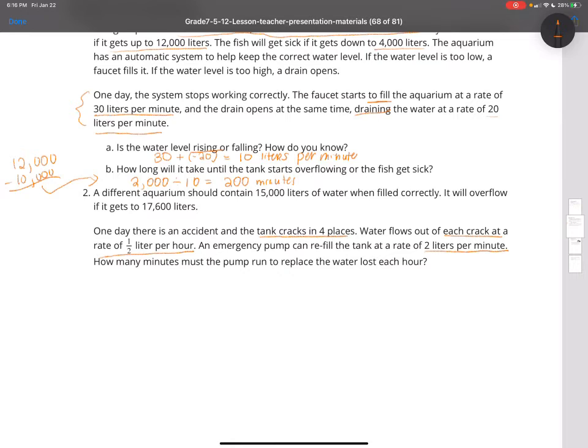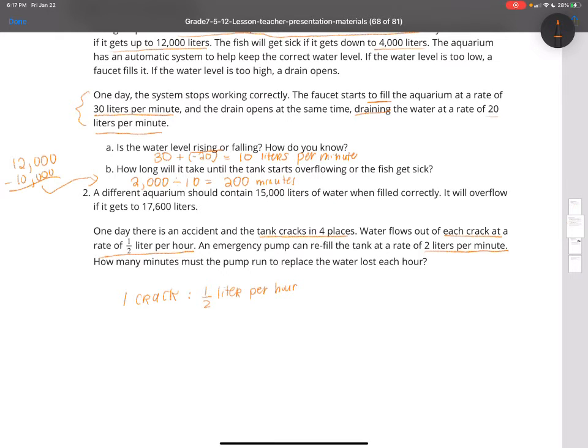So needless to say, the tank has 4 cracks, and this is similar to the warm up we just did, so I'm going to do it how we did the warm up. For 1 crack, it's a half liter per hour.